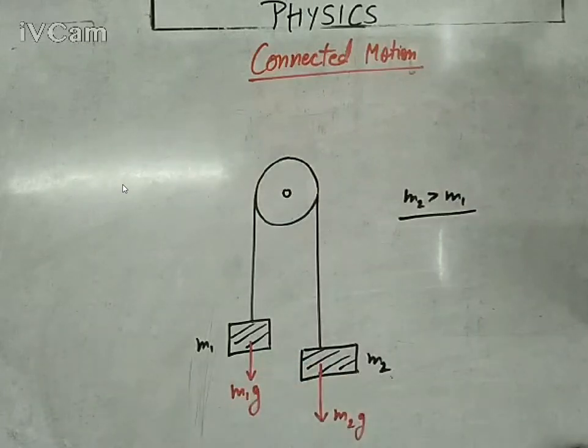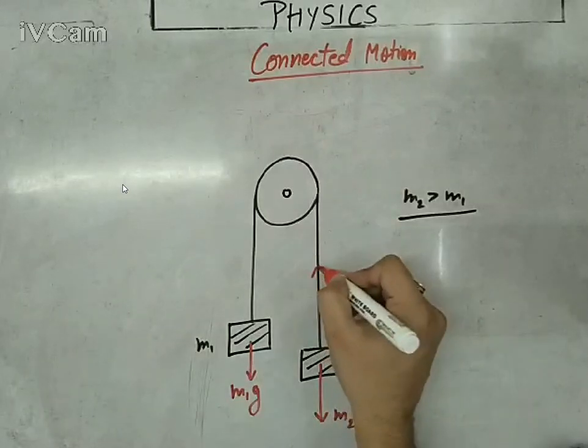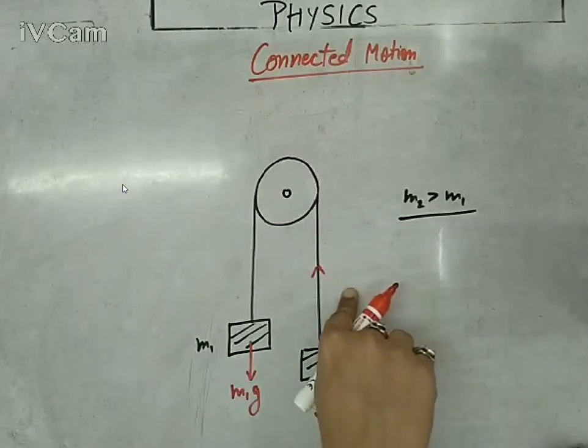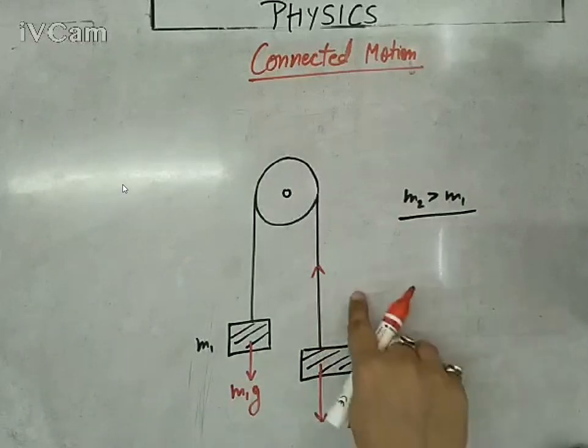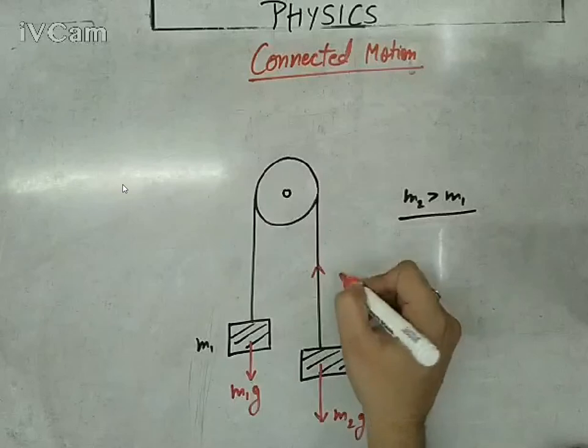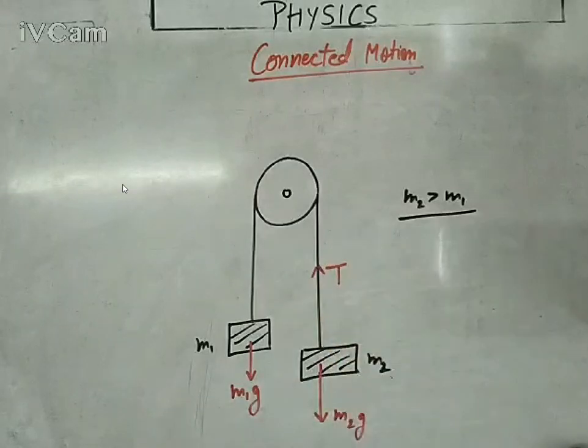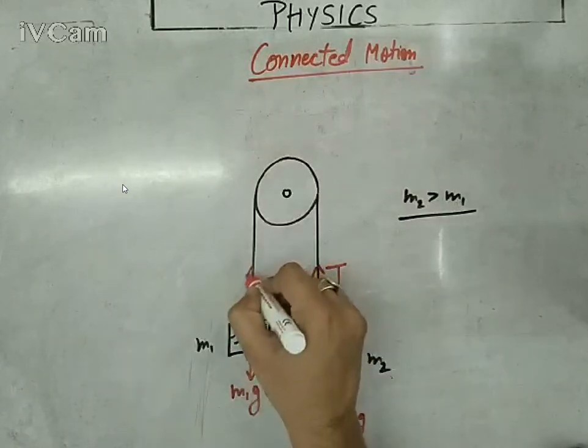But for the weight there will be a reaction in the string, that is tension in the string T. Tension will always act along the wire, opposite to the applied force. And in the 10th class I told you that for a common string, tension will be the same at every point lying on the string. So for m1g, tension will be there, and the same tension.